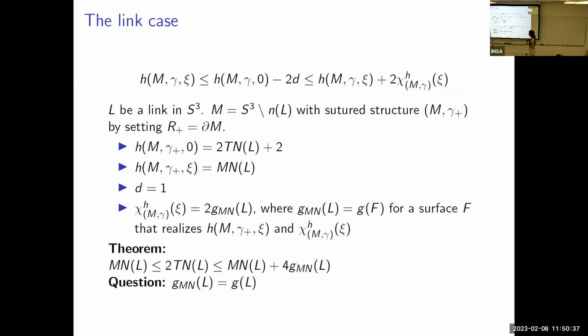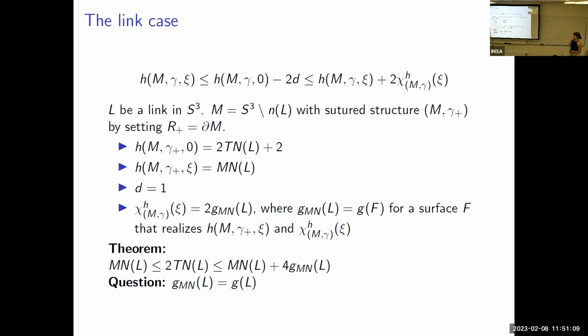So just plugging everything into these inequalities, we obtain this, and we recovered that. And so one of the questions is, if the Morse Novikov genus is the minimum genus, is there an inequality between those two genera?